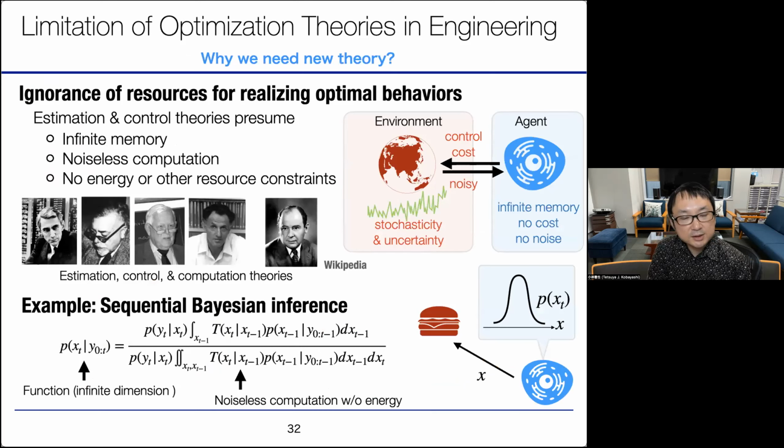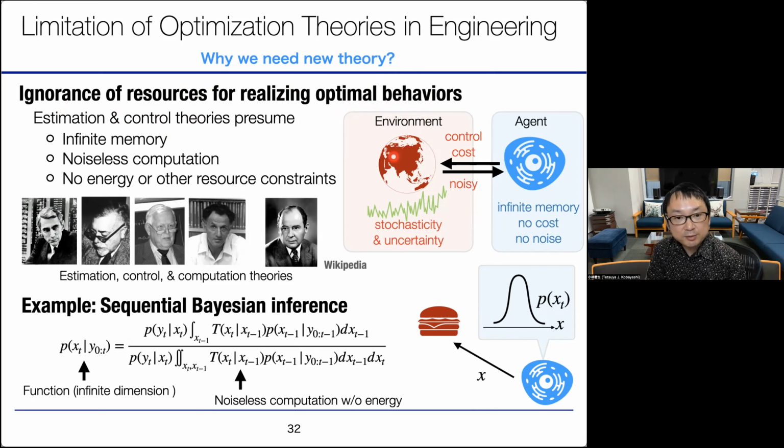What is the limitation of the conventional optimization theory? We think it is the ignorance of the resources required for realizing optimal behavior. We have many optimization theories in engineering, for example, information theory, estimation theory, and control theories.